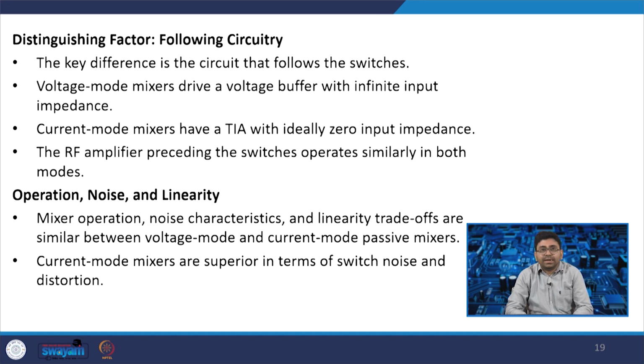So what is the difference between the two passive mixers? The key difference is the circuit that follows the switches. The voltage mode mixer drives a voltage buffer with infinite input impedance, as I discussed, and the current mode mixer has a TIA with ideally zero input impedance.